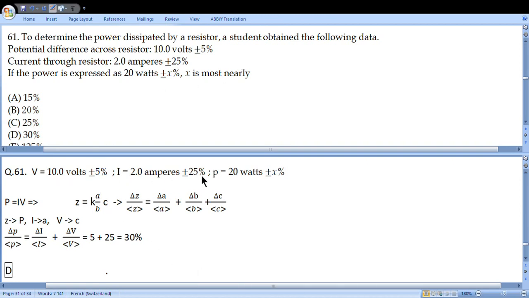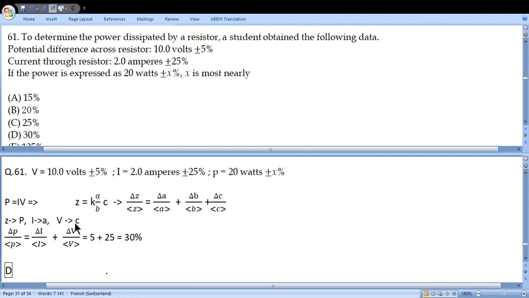V, I, and P. The formula for power is current multiplied by voltage. If we have multiplication to find, we deal with percentage differences, percentage uncertainty. So for example, this is the general formula: Z equals K a b c, where K is a constant. The percentage uncertainty in Z will be equal to the sum of percentage uncertainties.